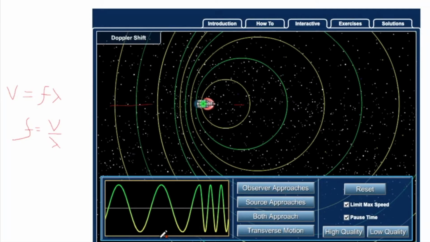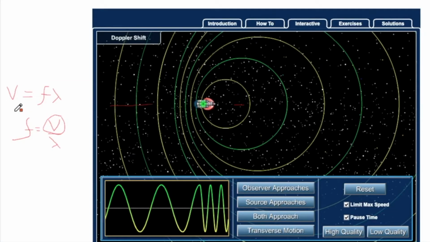The answer is, because the wavelength is in the denominator, while the speed is constant. Remember, same medium, same speed. This light is traveling in space, so its speed is the speed of light in a vacuum, 3.00 times 10 to the 8 meters per second. Because the speed is a constant number here, and the wavelength is in the denominator, the frequency is inversely proportional to the wavelength.